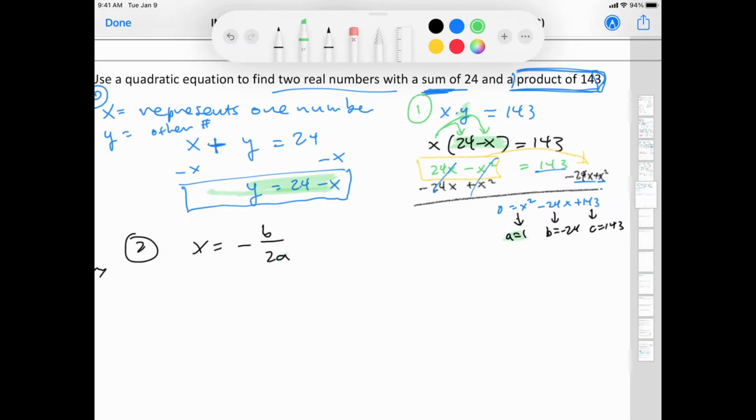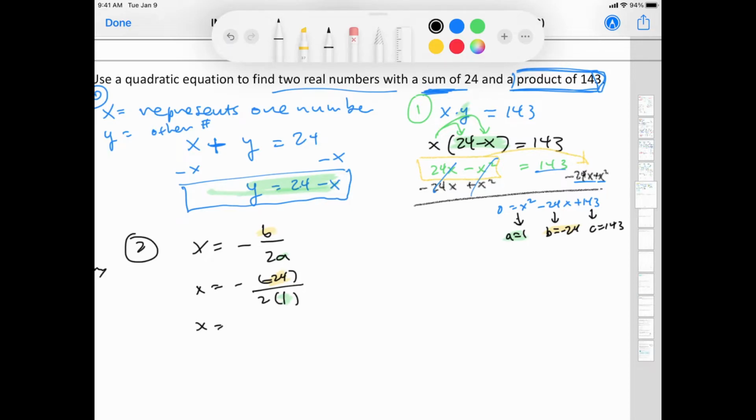A is 1. Let's write that. B is negative 24. Let's fill all this out. So I have negative of negative 24 over 2 times 1.